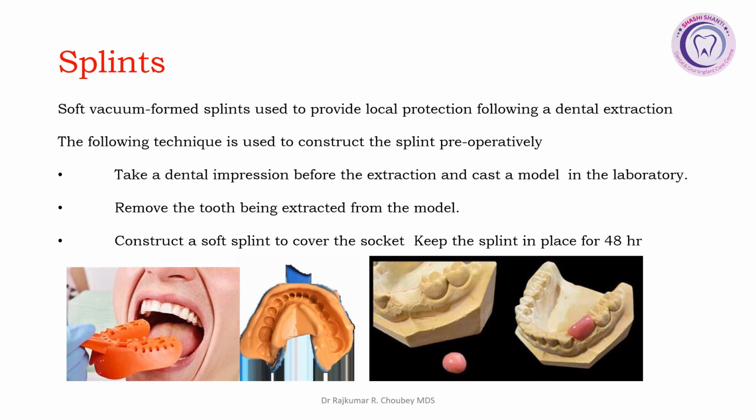You can place it in the oral cavity for 48 hours, and it will stop the bleeding by a mechanical method. That is the splint you can prepare in your clinic easily.